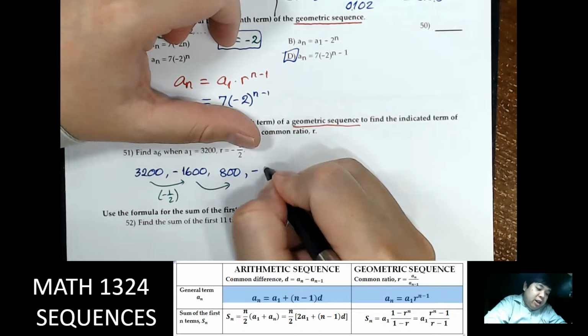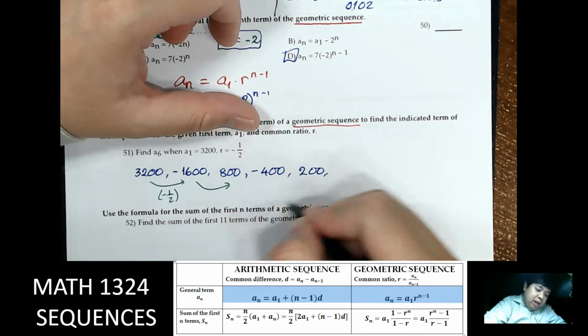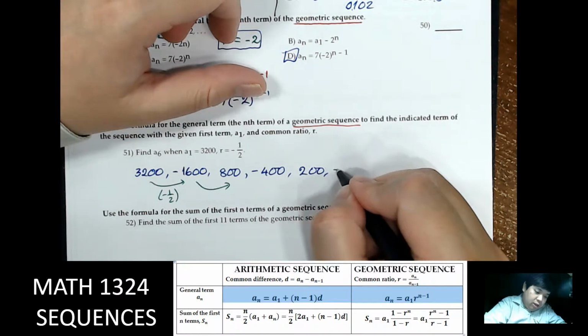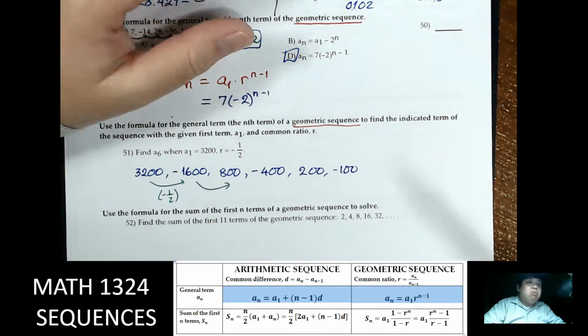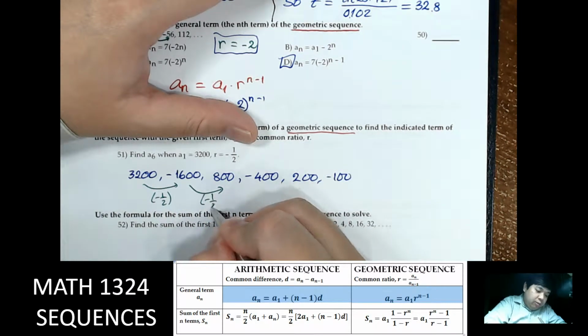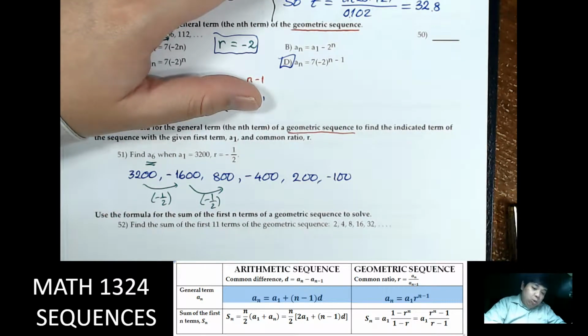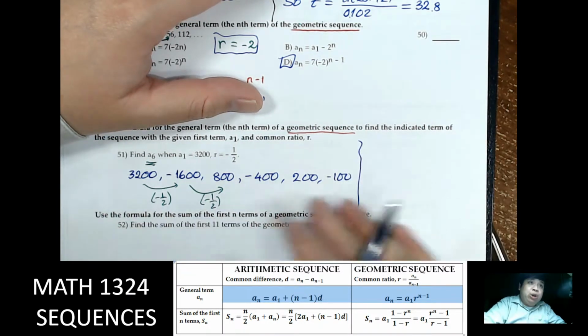Half of that -400, half of that +200, and half of that -100. And yeah, like that, even without any formula. But because they only ask for a6, if they ask for a100, I'm in trouble if we do it like that.